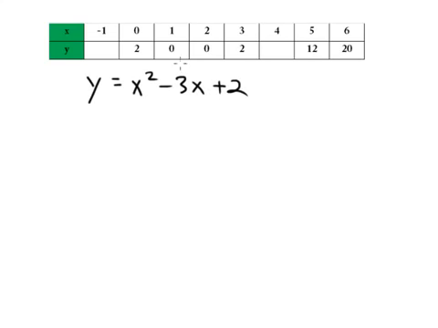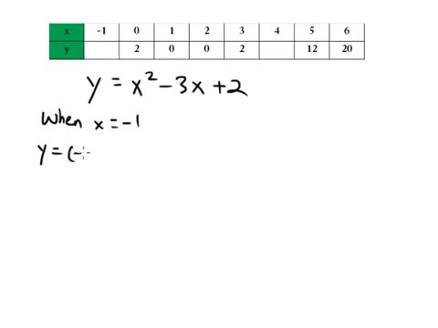You can see that there are two empty spaces in the table, when x is -1 and when x is equal to 4. What would be the y? Since the question already tells us that the table is related to the equation y equals x squared minus 3x plus 2, when x equals -1, let's find the y.